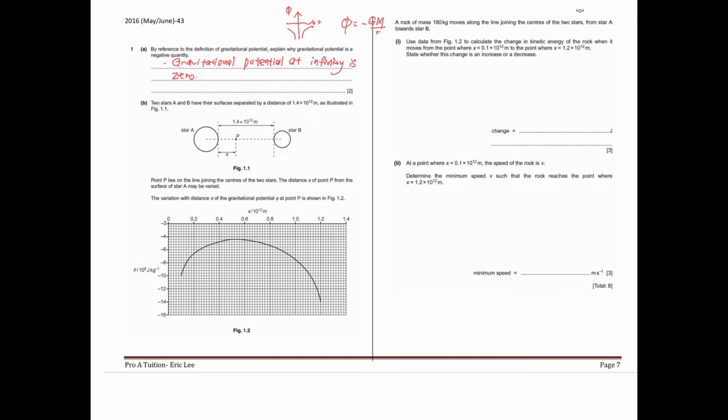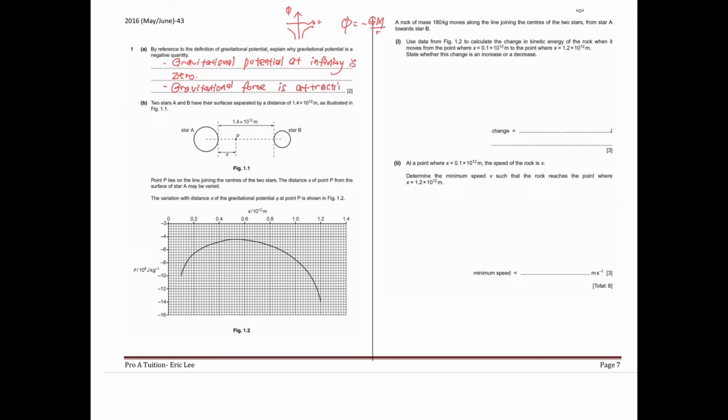Now let's move on. So what else are we going to say? So let's take a look first to get the second point. Okay, we have to mention something like this. So you have to say gravitational force is attractive.